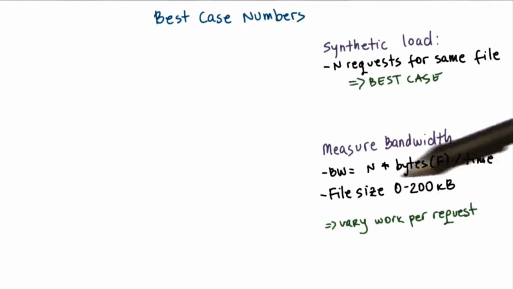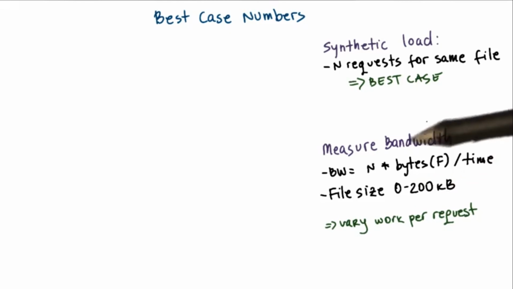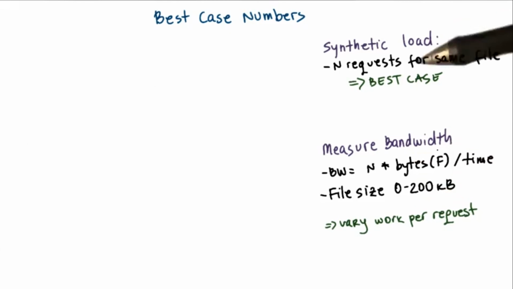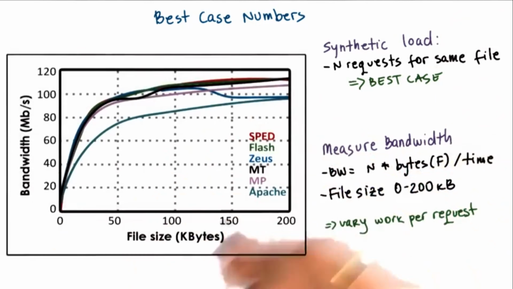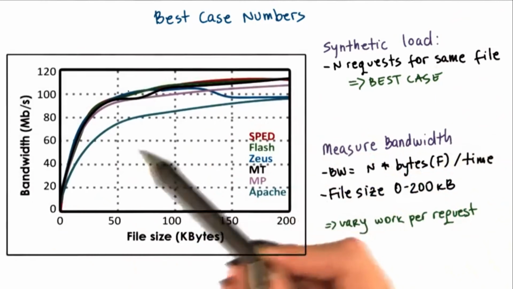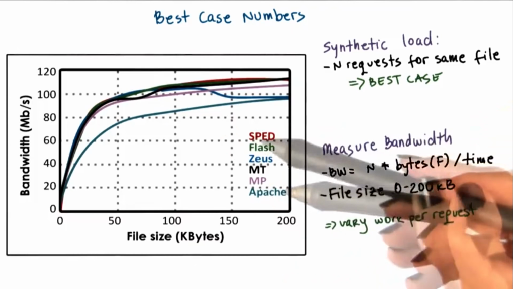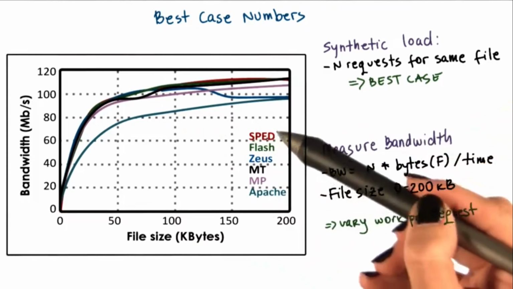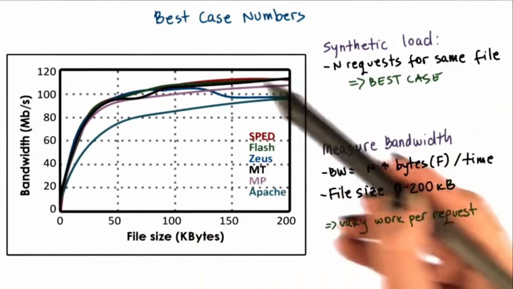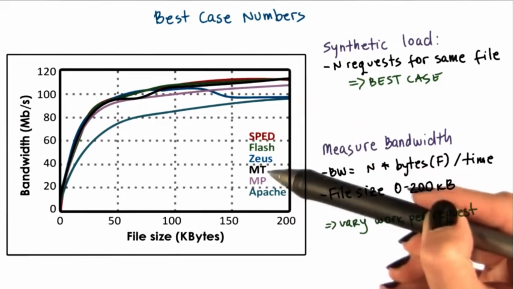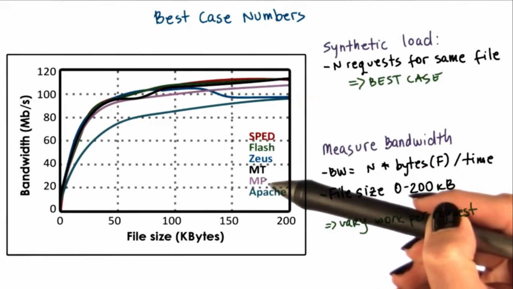So we assume that as we increase the file size, the bandwidth will start increasing. Let's look at the results now. The results show the curves for every one of the cases that they compare. The Flash results are the green bar. SPED is the single-process event-driven model. MT is multi-threaded, MP is multi-process.